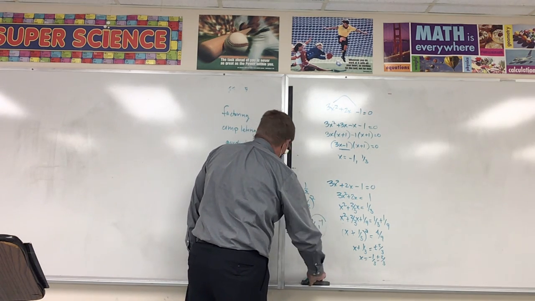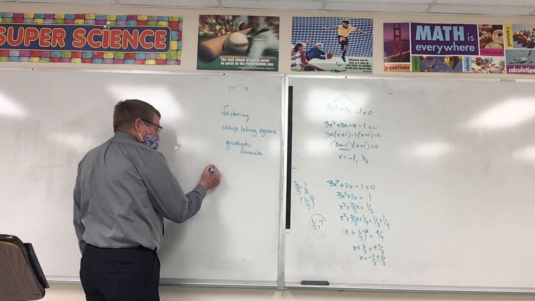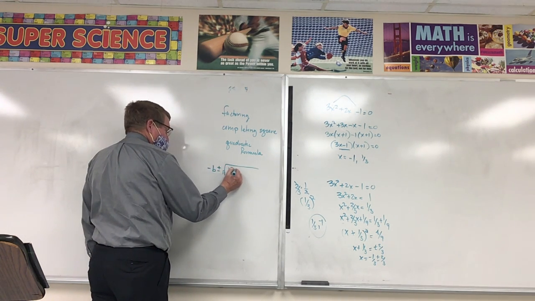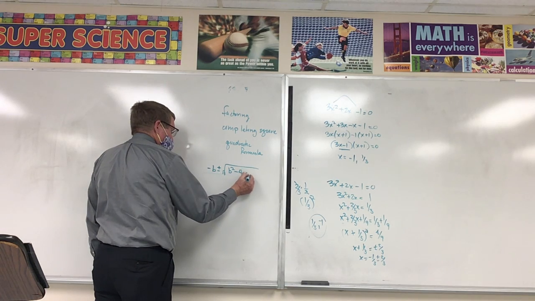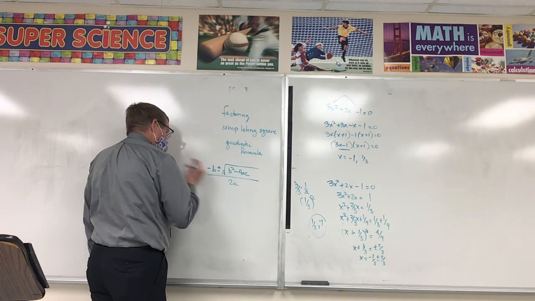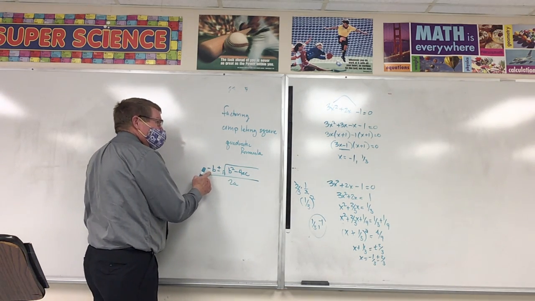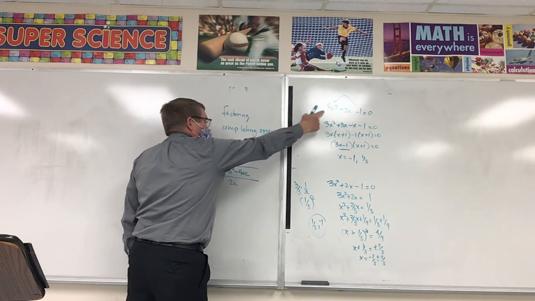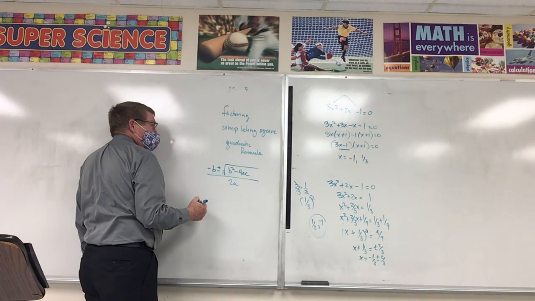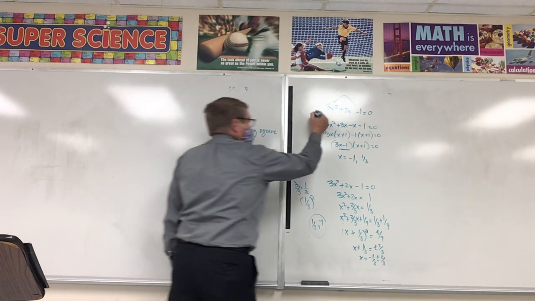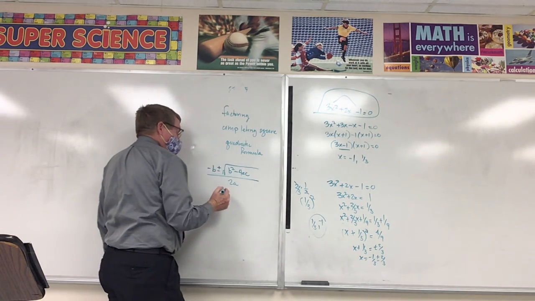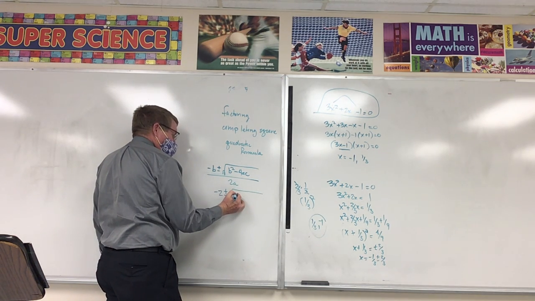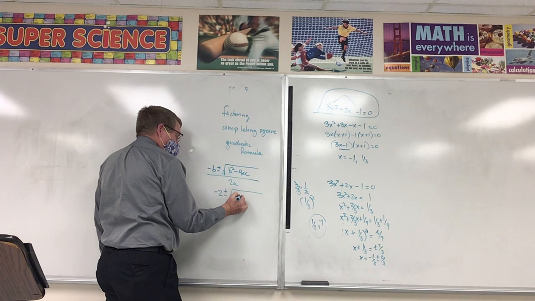Completing the square, and then quadratic formula, negative b plus or minus square root b squared minus 4ac all over 2a. My b is up here. Yep, this is my equation. 2, b squared, minus 4.